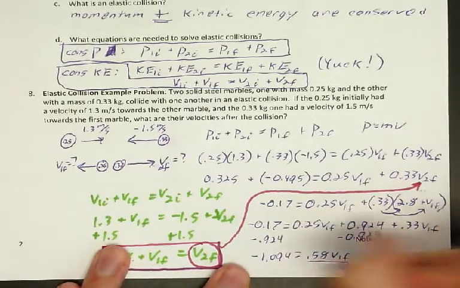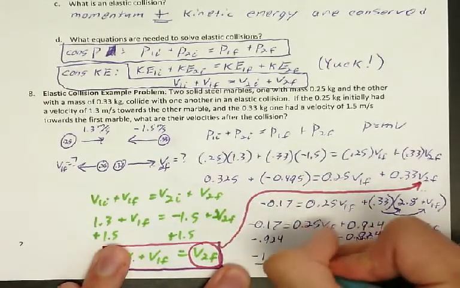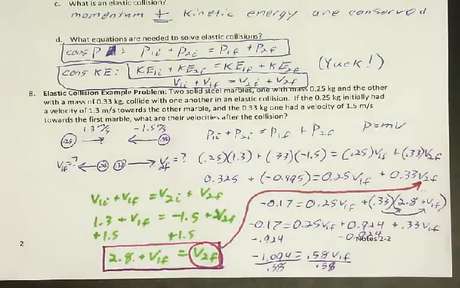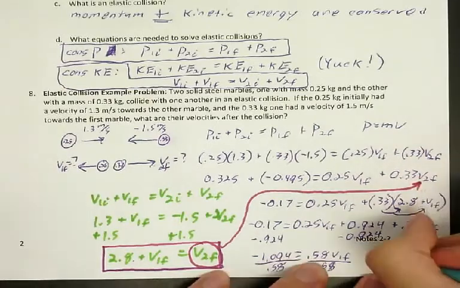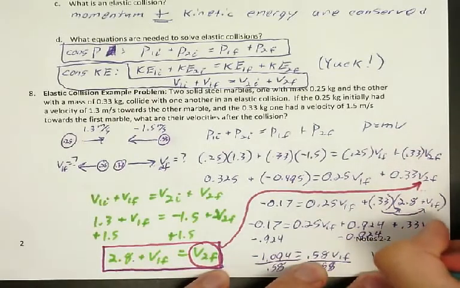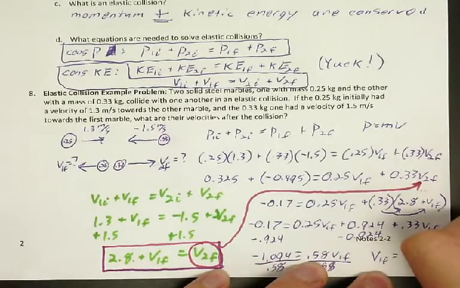Divide both sides by 0.58, and we get V1 final equals negative 1.89.